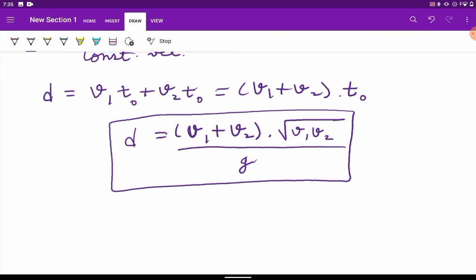The distance is equal to (v1 plus v2) times the square root of v1 v2 divided by g. Here you can substitute the values of v1, v2 and g in order to get the distance. So that's that. Thank you.